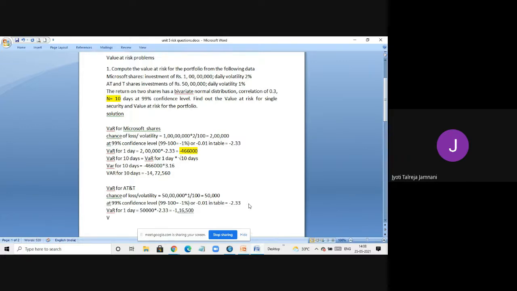Now value at risk for 10 days is equal to the loss for 1 day, minus 1,16,500, into the square root of 10 days.